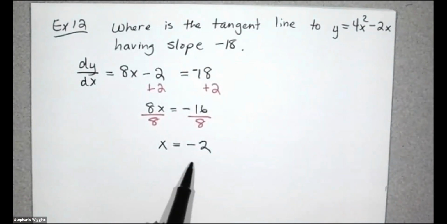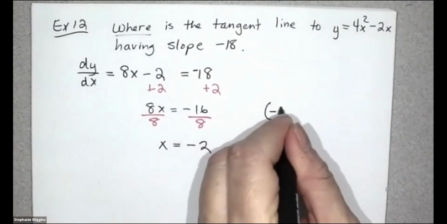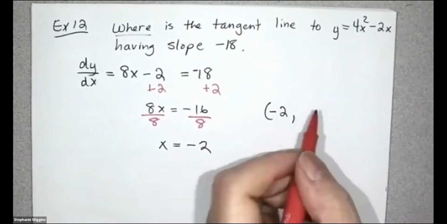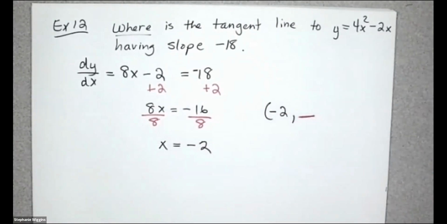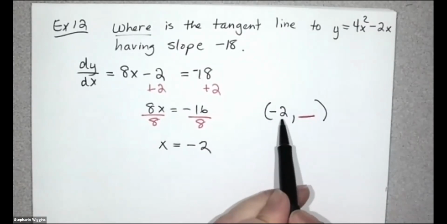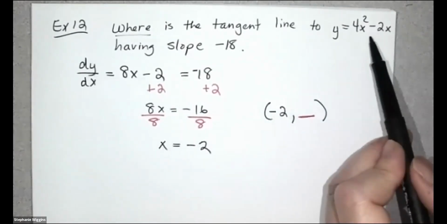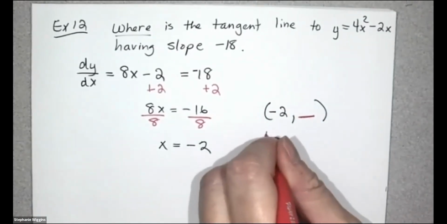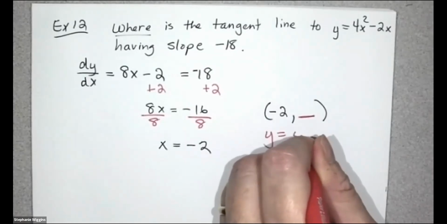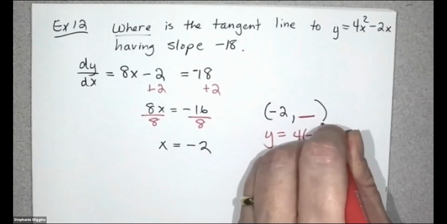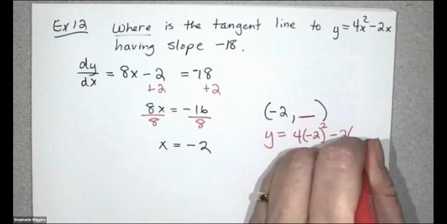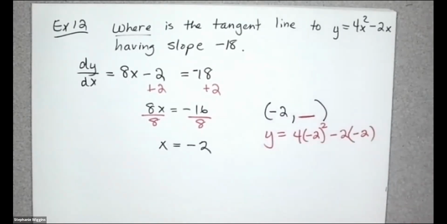So this answers the question where, and if you want to calculate the y value for that point, we have negative 2, and we plug this into our original function, and y equals 4 times negative 2 squared minus 2 times negative 2.